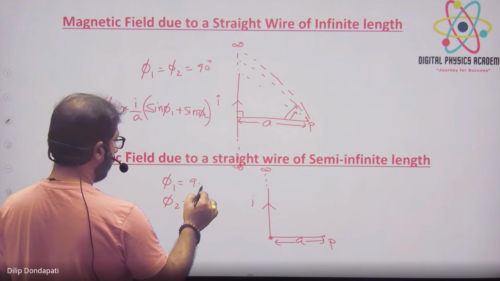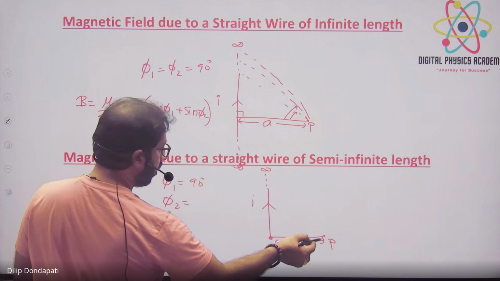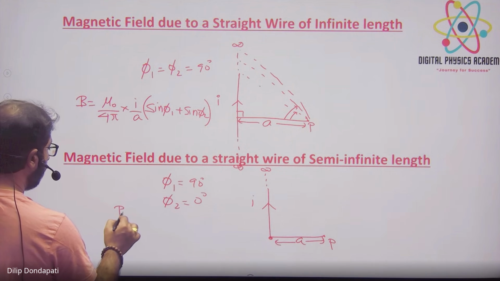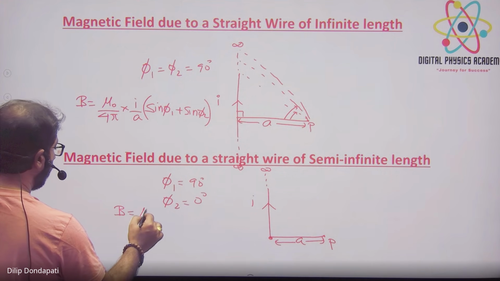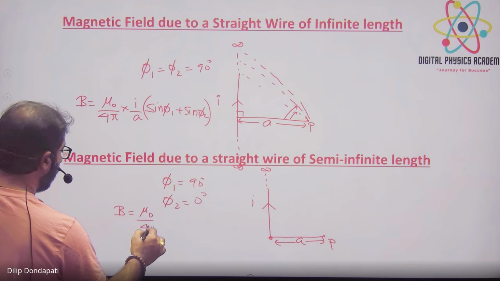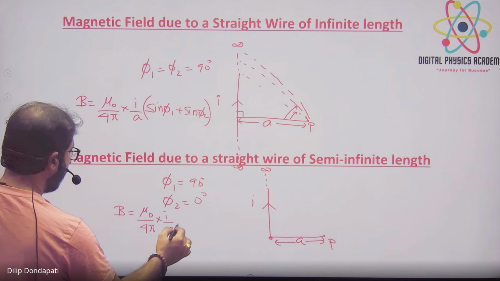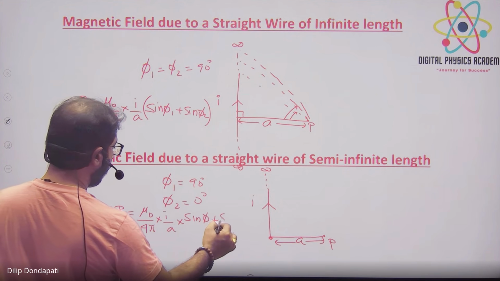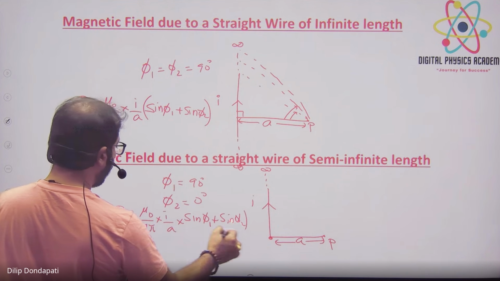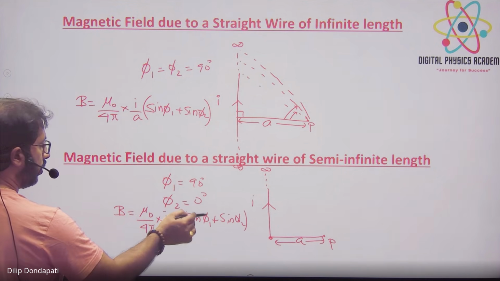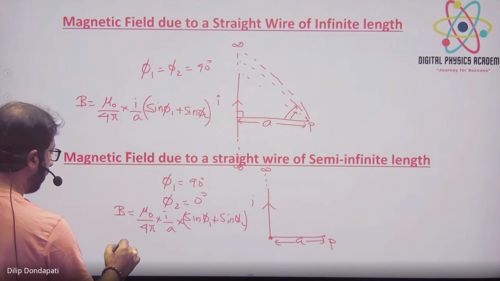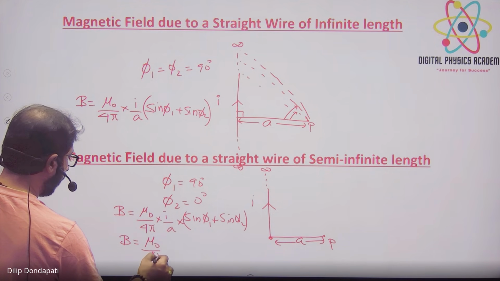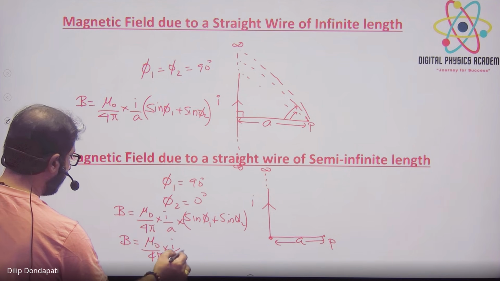One angle is increasing to 90, the other one is 0. Now substitute in the formula: B is equal to mu naught by 4 pi into I by A into sin phi 1 plus sin phi 2. So phi 1 is 0 and phi 2 is 90. 1 multiplied, so B is equal to mu naught by 4 pi into I by A is the answer.